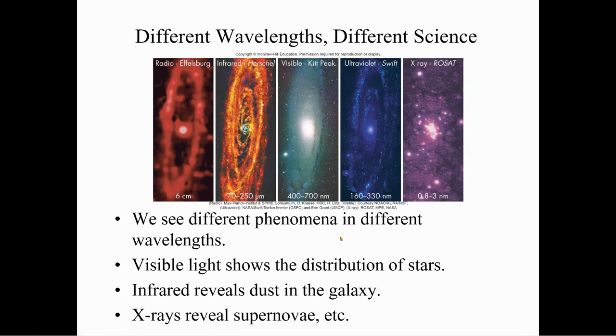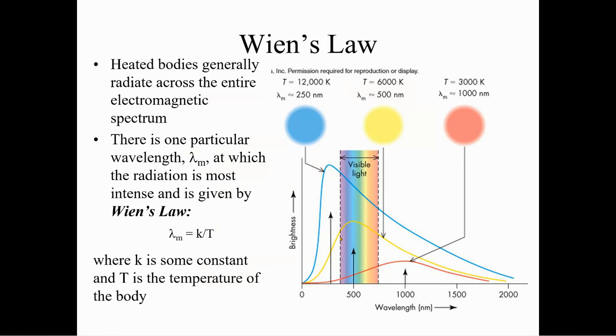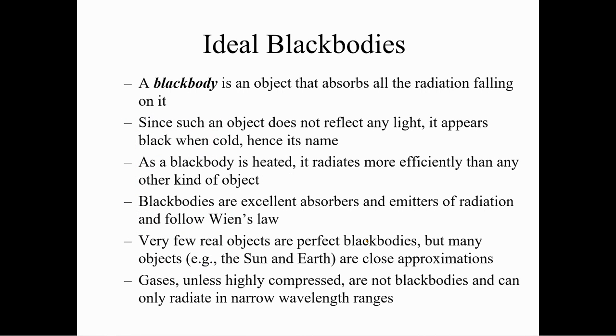So getting back to black bodies. As a black body is heated, it radiates more efficiently than any other object. Black bodies are excellent absorbers and emitters of radiation, and they follow Wien's law.